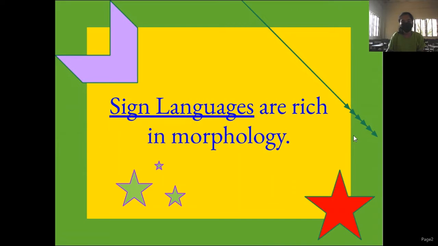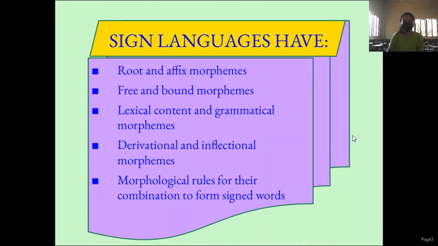Sign languages are rich in morphology. Sign languages have root and affix morphemes, free and bound morphemes, lexical content and grammatical morphemes, derivational and inflectional morphemes, and morphological rules for their combination to form sign words.